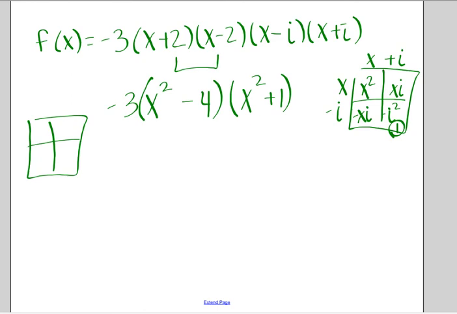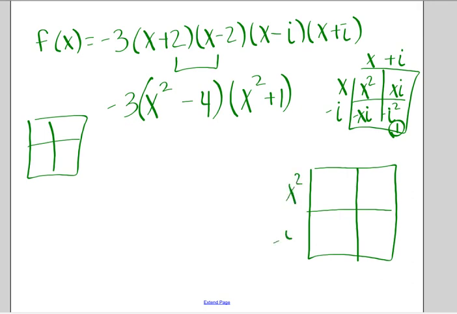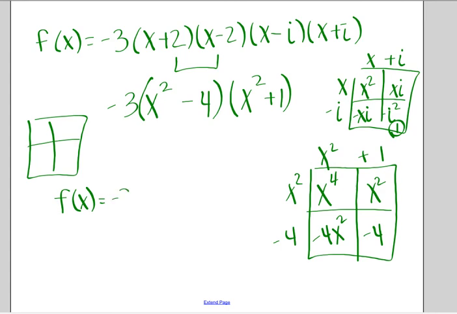Now I'm going to multiply these two together once again with another rectangle. So lots of multiplying right now. x squared times x squared is x to the 4th. x squared, negative 4x squared, and negative 4. So right now, f of x equals negative 3 times all of that. x to the 4th minus 3x squared minus 4.